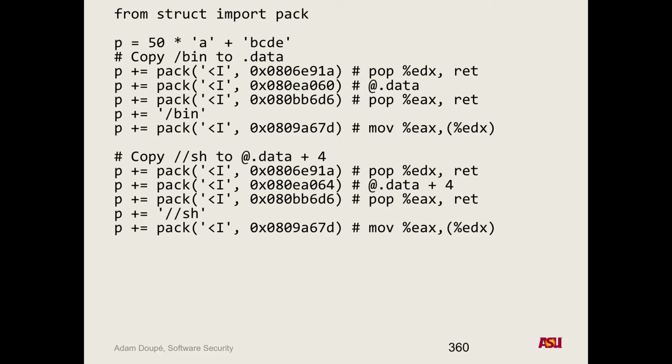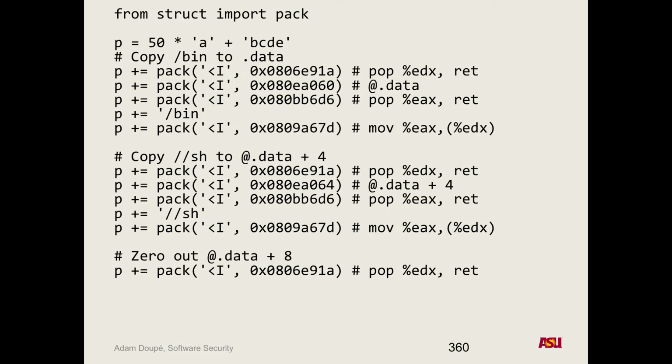Next, what do we need to do? We need to make sure it's null terminated, right? So we need to copy null bytes at what exact address in relation to .data? .data + 8. There we go. So this is 068, which is 8 bytes above .data.